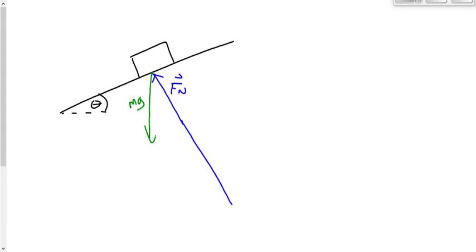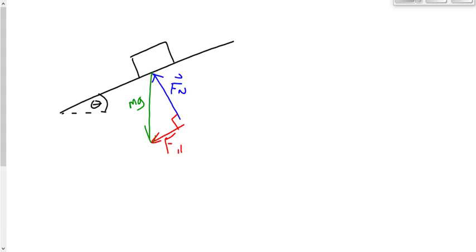Well, we could keep drawing it forever, but how long should it go? It should go long enough such that these two forces, the F parallel, the combination of Fn and mg, the force of gravity, have to be exactly perpendicular to each other.